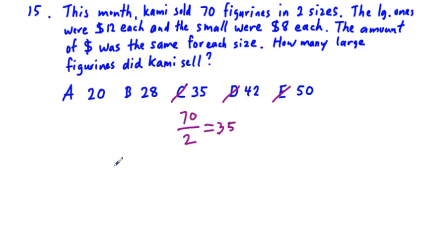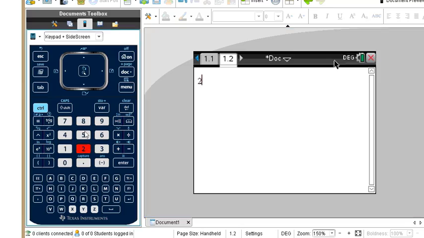So if we try 28, which is large figurines, times 12, and then we have the small figurines, which is going to be 70 minus 28, which is going to be 42, times 8. And you work these out. I'm going to go to the calculator this time. And you notice this is the first time I actually went to the calculator.